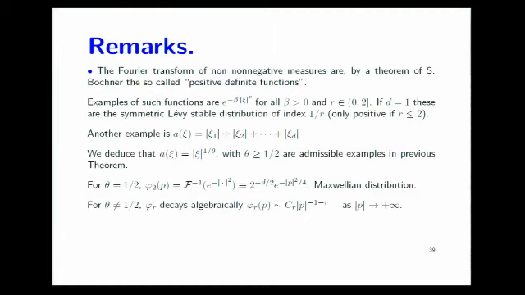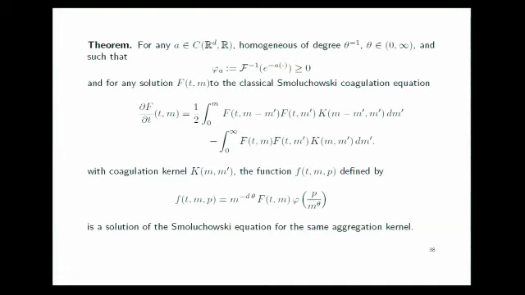Now, if you take any power theta greater than or equal to 1 over 2 and any function A of that form, then you will obtain a solution of the Smoluchowski equation. So you can obtain solutions scaling like P over m to the theta for any value of theta bigger than or equal to 1 over 2.